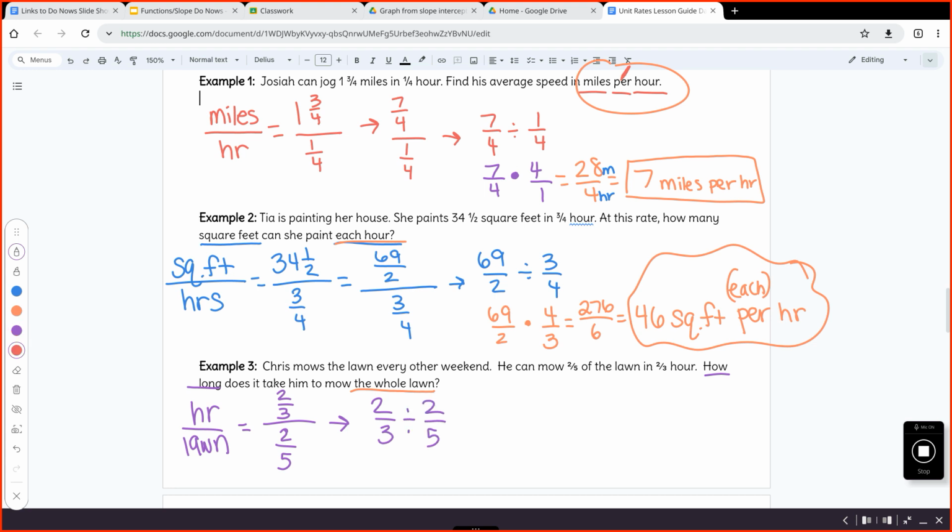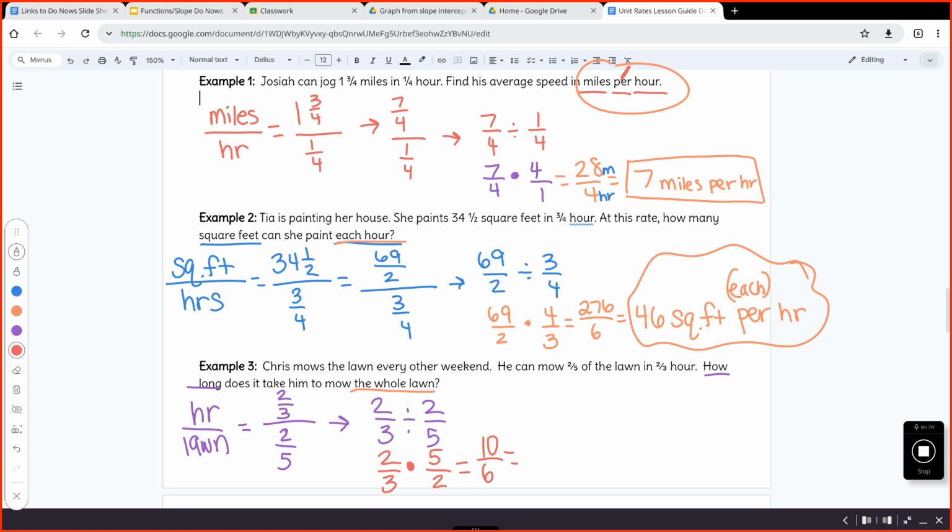We're going to keep the 2/3, change the division to multiplication, and flip 2/5 to its reciprocal of 5 over 2. Then we're going to multiply across. 2 times 5 is 10. 3 times 2 is 6.